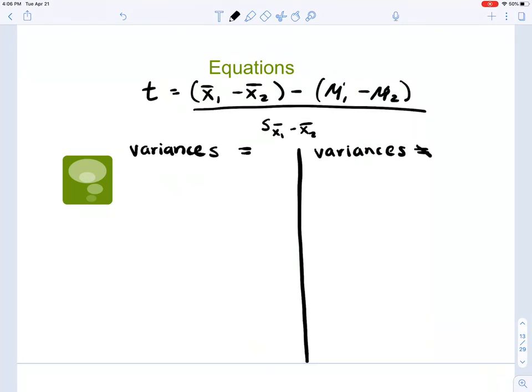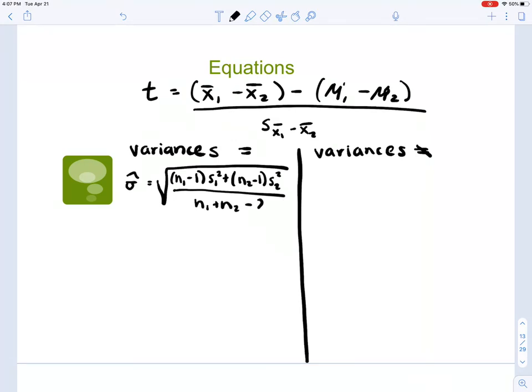So the first one, if the variances are equal, we would start out with a pooled estimate for our standard deviation, where this is our equation. And our standard error equation would be here.